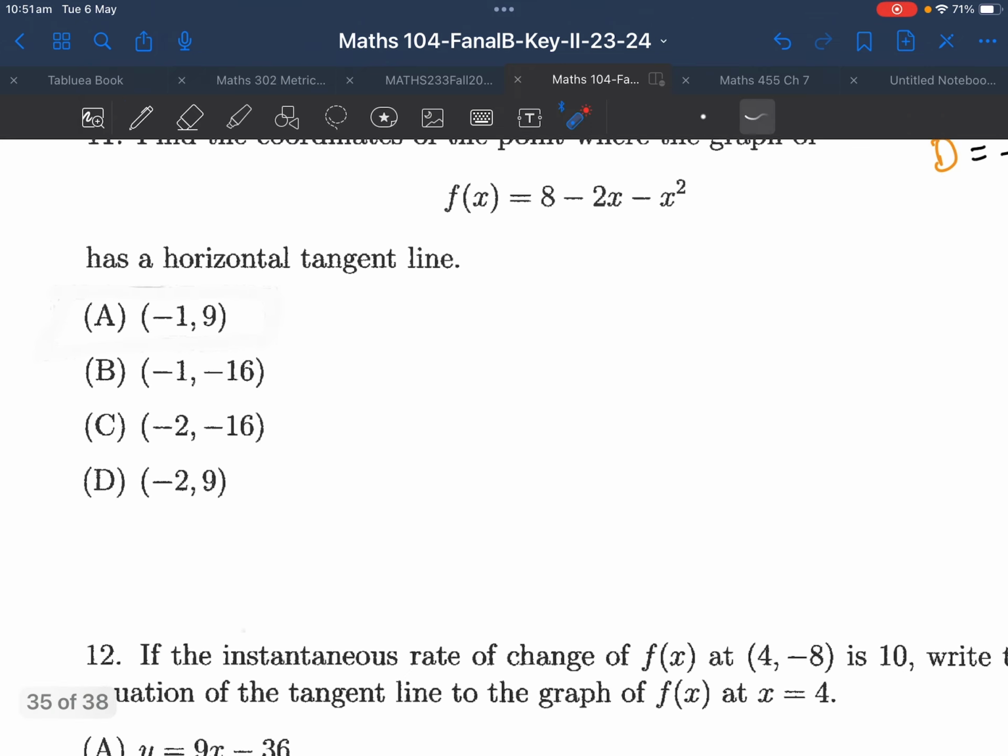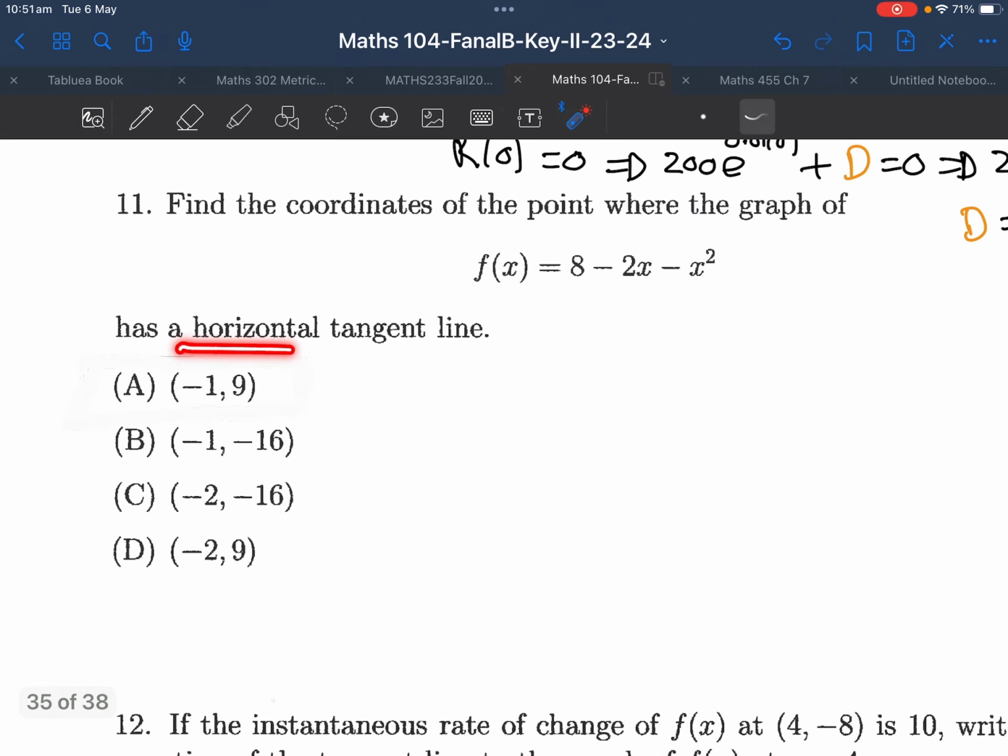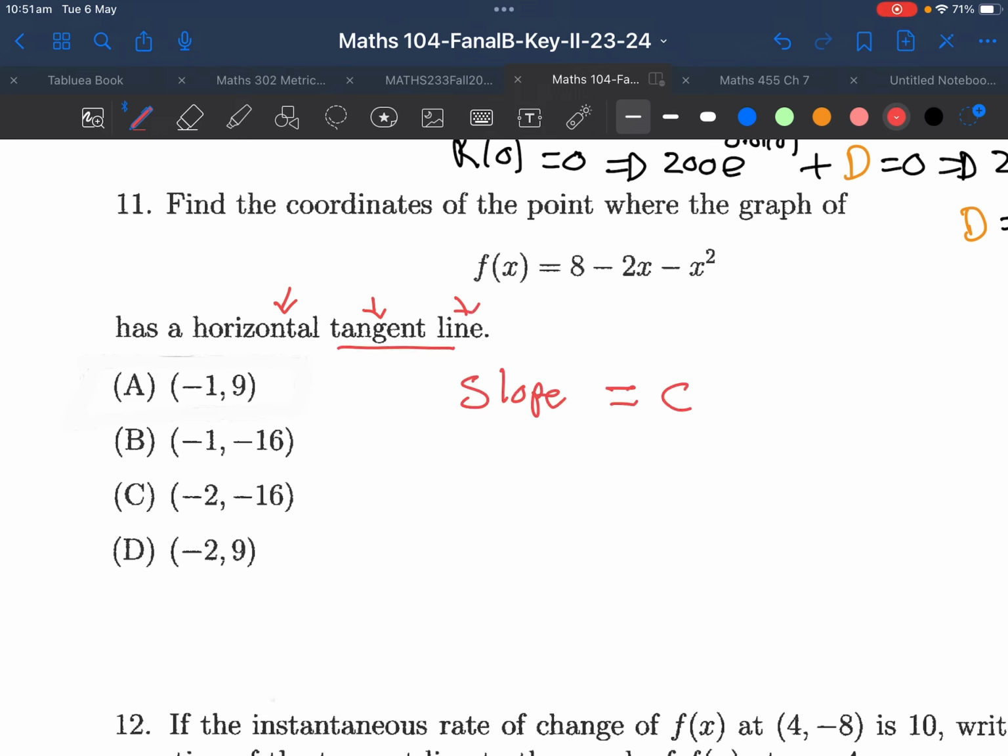Let's see, the next question is we need to find the point where the function has a horizontal tangent line. First of all, what does it mean, horizontal tangent line? Horizontal means the slope should be equal to 0. Why the slope? Because a horizontal line has a slope equal to 0.